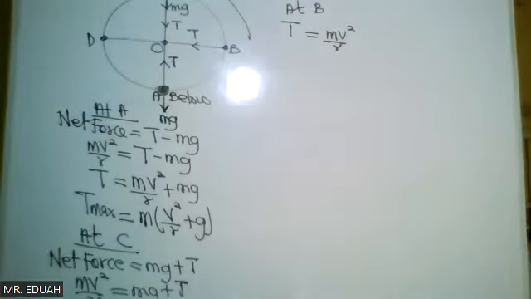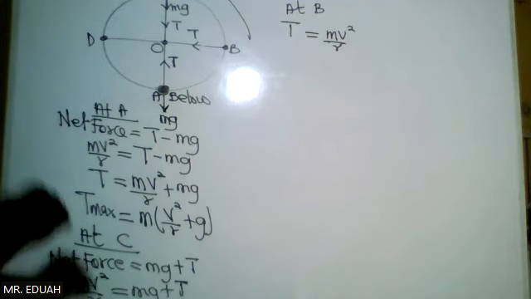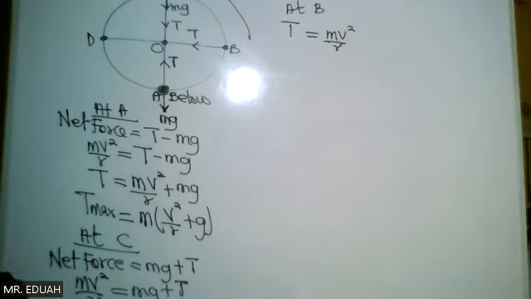Please note that we can equally equate centripetal force to be m omega squared r. So it can be either mv squared over r or m omega squared r.